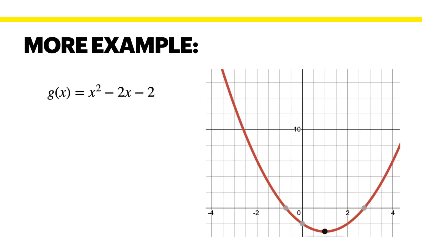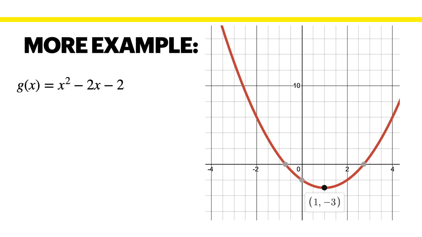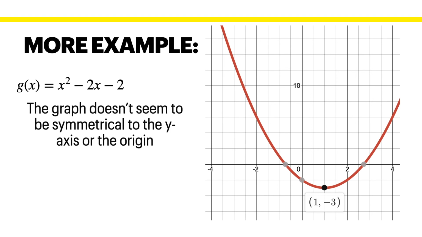Let's try to find out. Okay, so obviously this is going to be a parabola, but unlike the other one, this is a parabola that has a vertex somewhere else. It's not really falling on the y-axis anymore. So immediately upon looking at it, you might assume that the function is symmetrical. But in reality, in terms of the axes, it's not really the case.